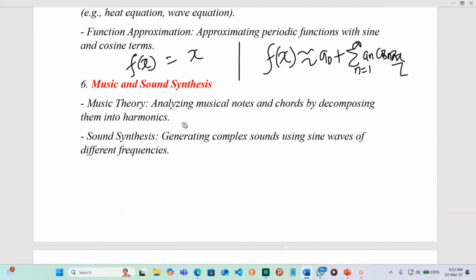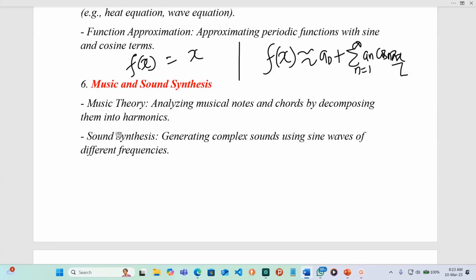Then music and sound synthesis, we talk about this usually in music theory, analyzing the notes and chords, that is decomposing these into harmonics. Then we will find that the powerful tool is the mathematics, and that is the Fourier series. Sound synthesis, generating complex sounds using sine waves of different frequencies.